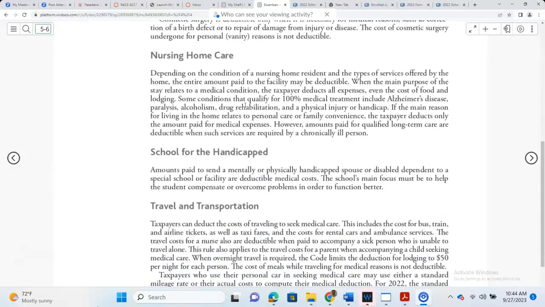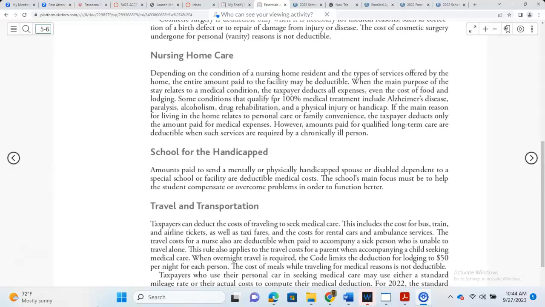Nursing home care: depending on the condition of the nursing home resident and the type of service offered by the home, the entire amount paid to the facility may be deductible. When the main purpose of the stay relates to medical conditions, taxpayers deduct all expenses, even the cost of food and lodging.